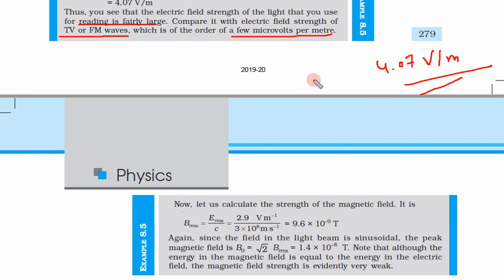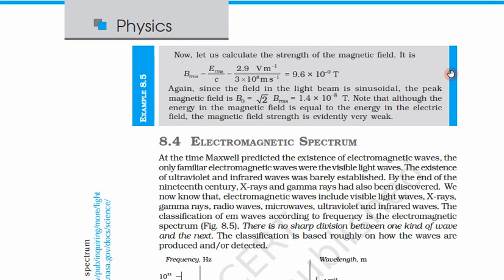This is very high, but for TV and radio it is a few microvolts, let us say 10 microvolt per meter. So this is at least 10 to the power 5 times smaller. Or we can say visible light has an electric field almost 10 to the power 5 times larger than TV or radio waves.